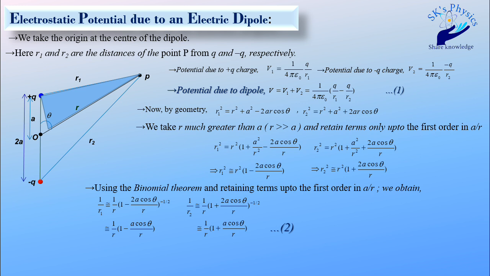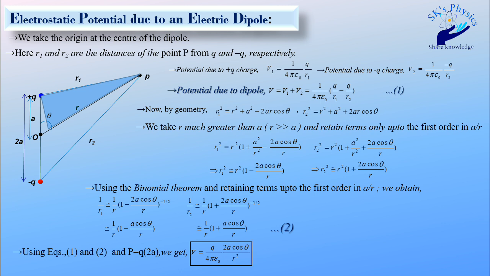That is equation number 2. Now using equations number 1 and 2, and p is equal to q into 2a, V is equal to q by 4 pi epsilon 0 times 2a cos theta by r square.